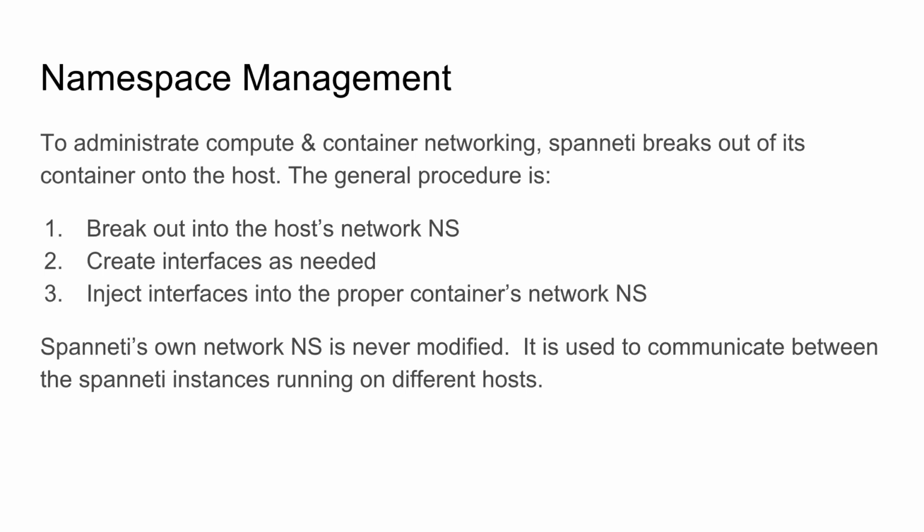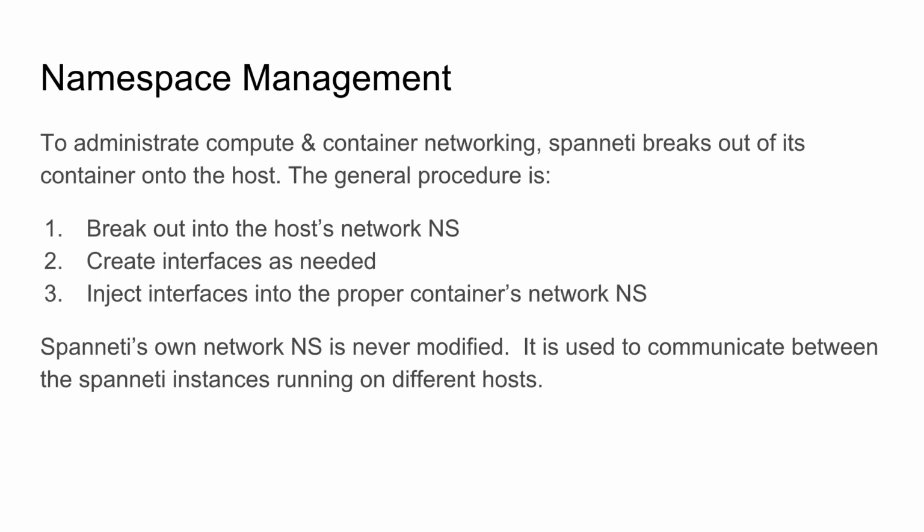The way Docker separates containers is it creates Linux namespaces for the network, for the process IDs. It creates a number of namespaces for each container and runs everything about that container inside it.